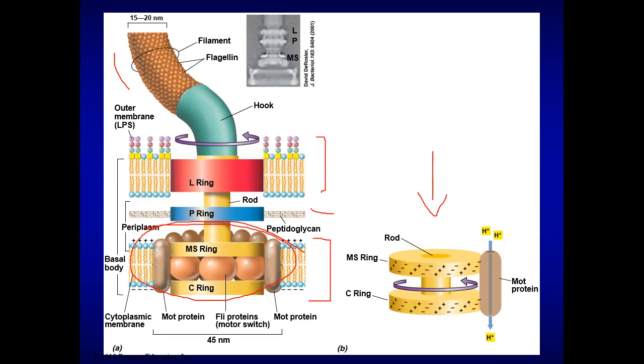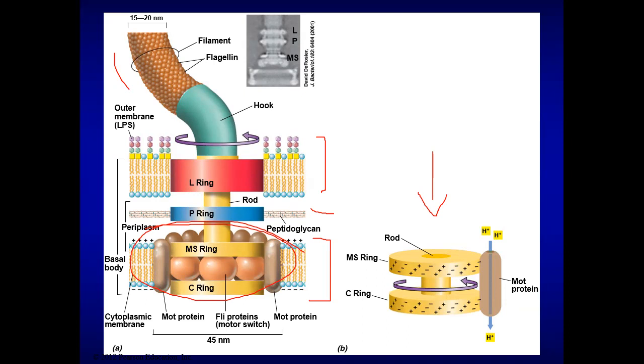So here they're showing 2 of the rings, the C and MS, so they're focusing in only on the 2 bottom rings. And then they're zooming into the MOT proteins. And you see that there's protons flowing through the MOT proteins. And that's actually what's allowing for the torque force.